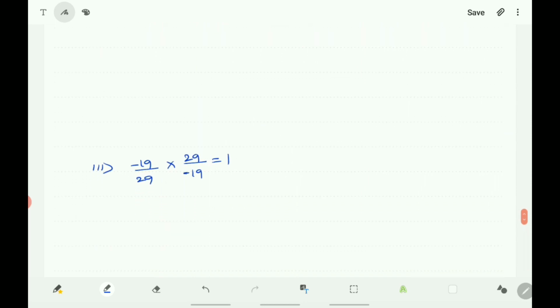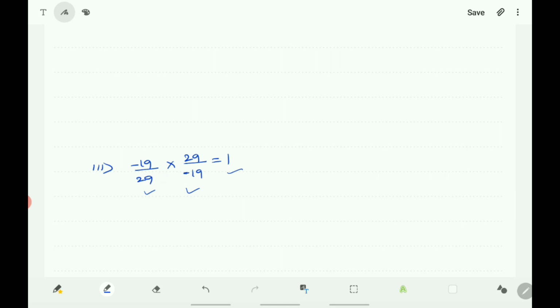Next, minus 19 by 29 into 29 by minus 19 is equal to 1. You know that here 1 is the multiplicative identity, and each is the inverse of the other, that is the reciprocal.